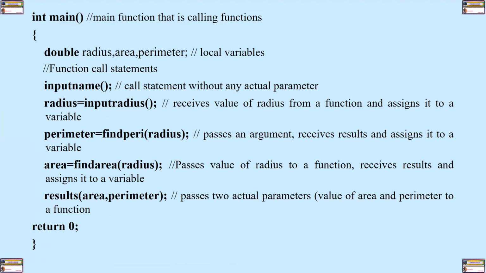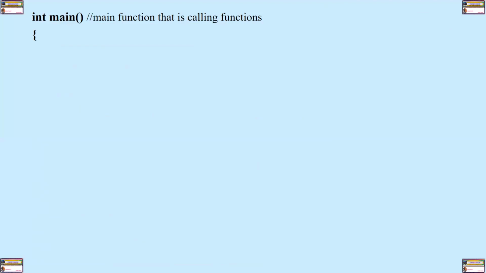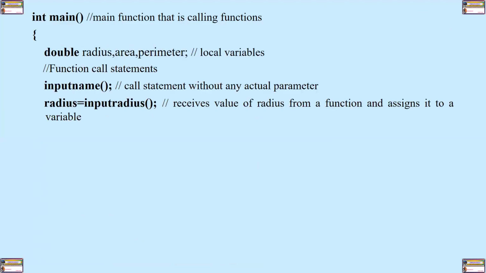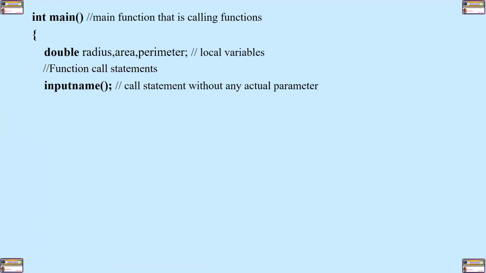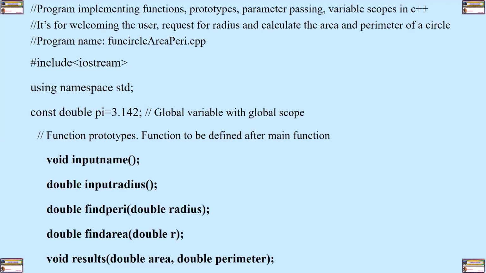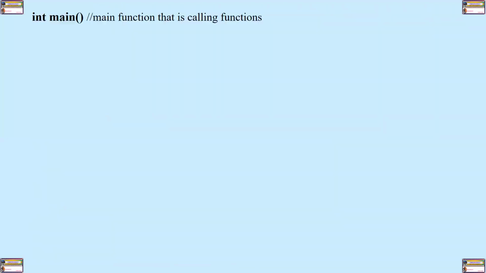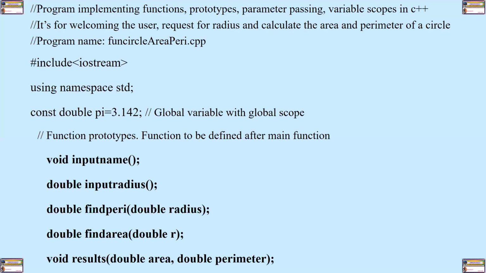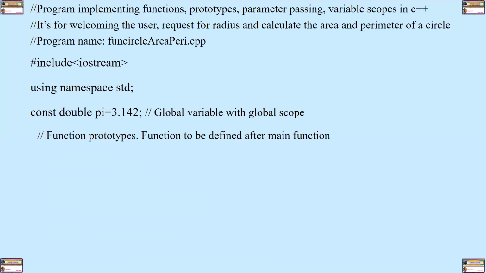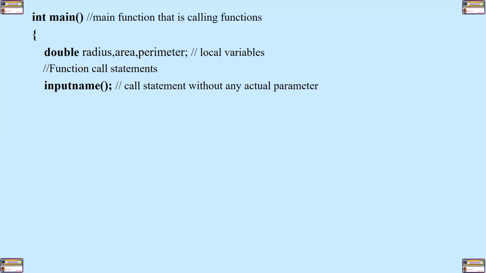functions that you have. Now note, when the compiler encounters a call statement, like input name, it goes first of all to its prototype, like this one. So if the compiler within the main function encounters this statement, input name, this is a call statement which is invoking the function called input name.